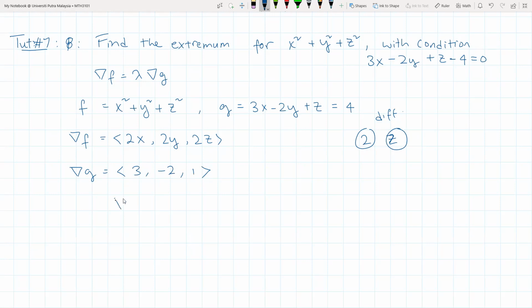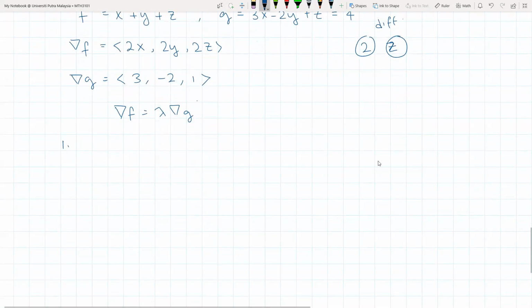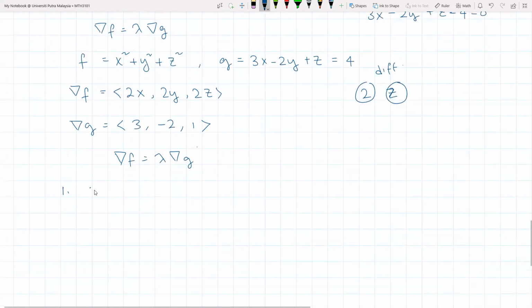Okay, so the gradient of f equals lambda times the gradient of g. If we compare the terms, we have 3 equations. 2x equals lambda times 3. That's awkward, let's use 3 lambda.